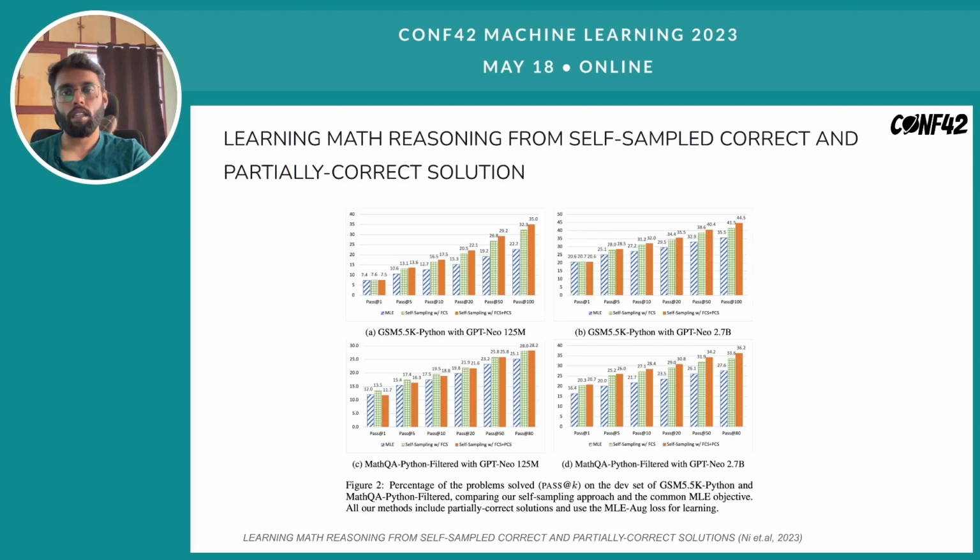They have shown in their paper that this type of iterative fine tuning on the model generated solutions improves the mathematical reasoning abilities of the model. If you can see, the green ones are fine tuned only on fully correct solutions, and the orange ones are self sampled with fully correct and partially correct solutions.